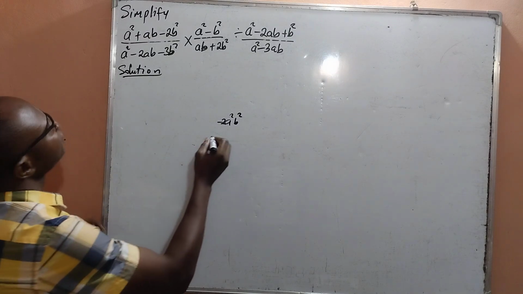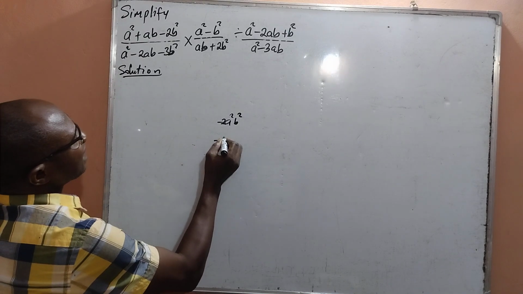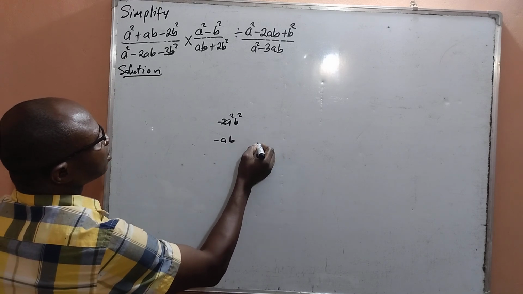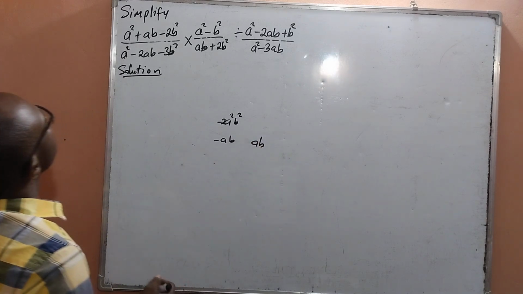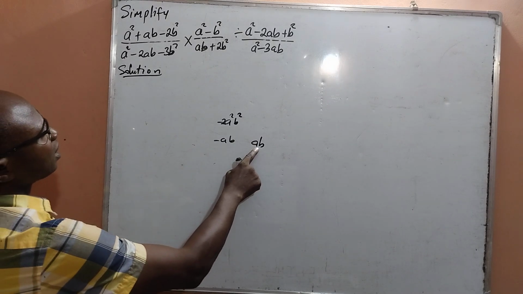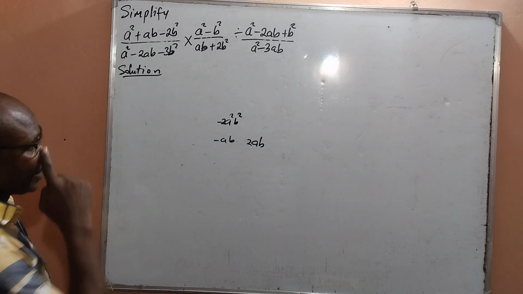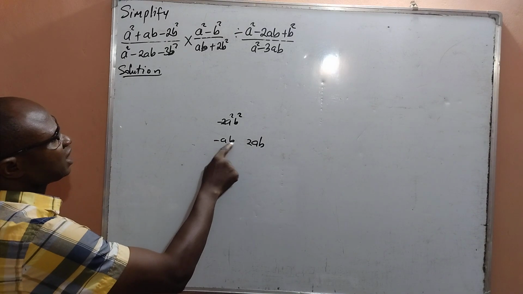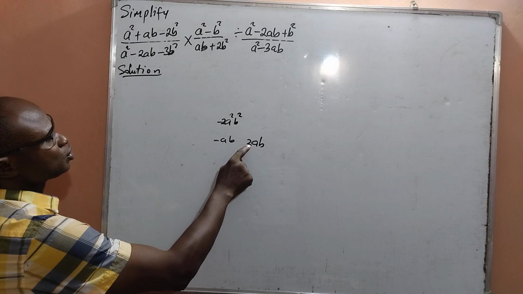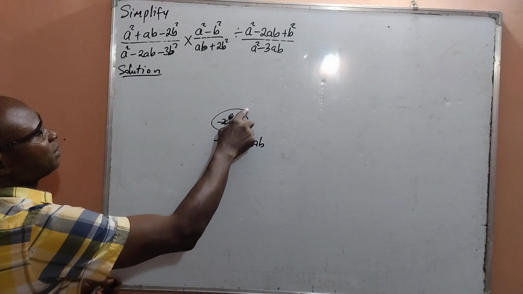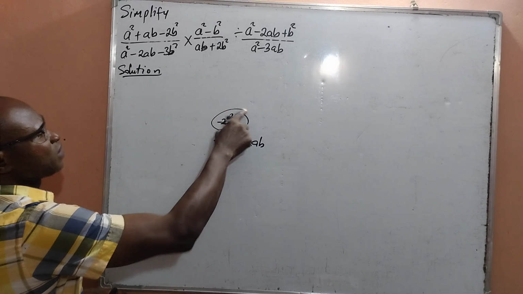So I can think of minus ab, then also 2ab. If I multiply these two, minus ab multiplied by 2ab is going to give me minus 2a squared b squared.